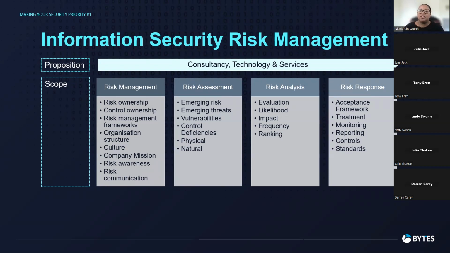So there's a number of risk management standards that are out there, potentially that would make sense for different sectors, but then also deciding how we're going to put the controls in place. What are the mitigating controls that we'll put in place? And we'll touch on this in a bit. So that's information security risk management in those 4 categories, and hopefully you're moving along the process from risk management all the way to how you're going to respond.